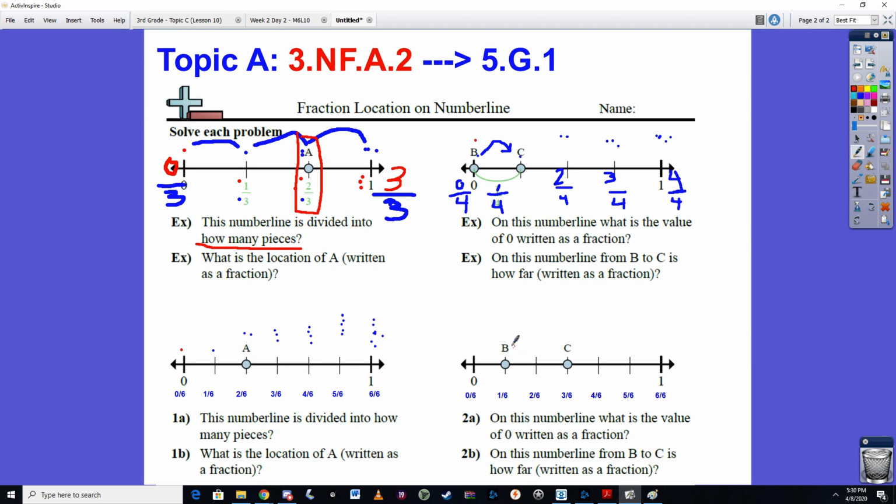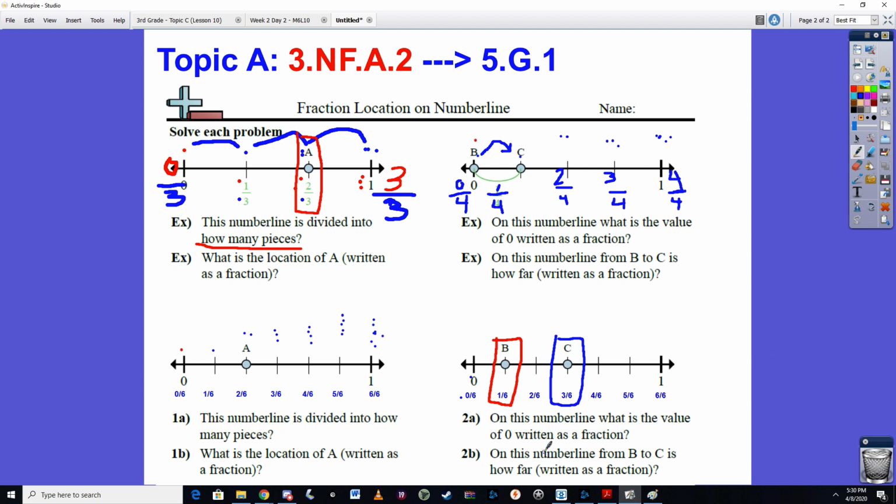Okay. And B is at 1/6. And C is at 3/6. Okay. What's next? On this number line, what is the value of 0 written as a fraction? 0 as a fraction is 0/6.